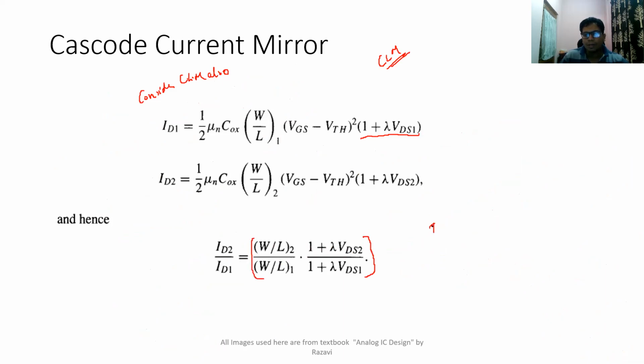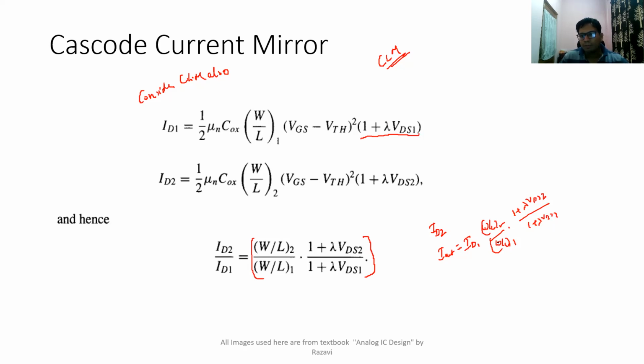Now the second current, ID2 or I out, will be equal to ID1 into W by L of 2 by W by L of 1 into 1 plus lambda VDS2 by 1 plus lambda VDS1.